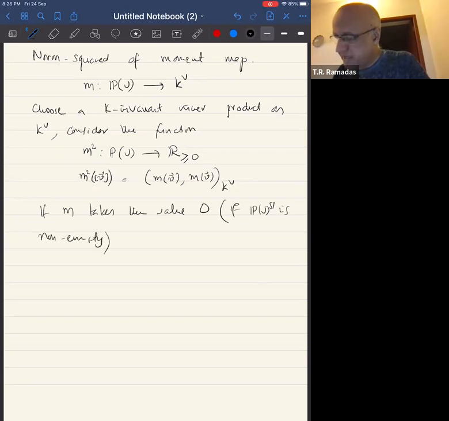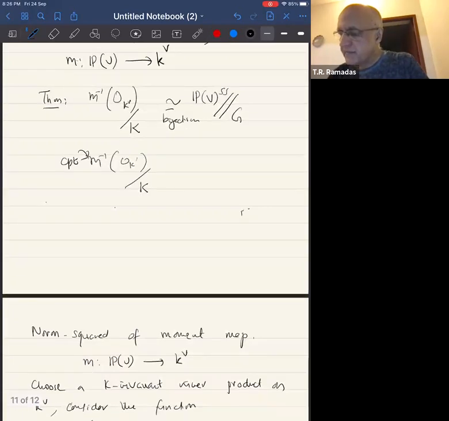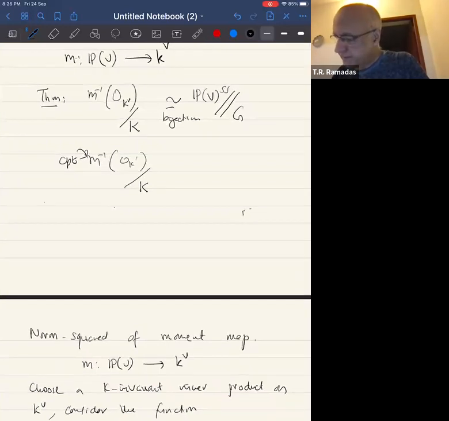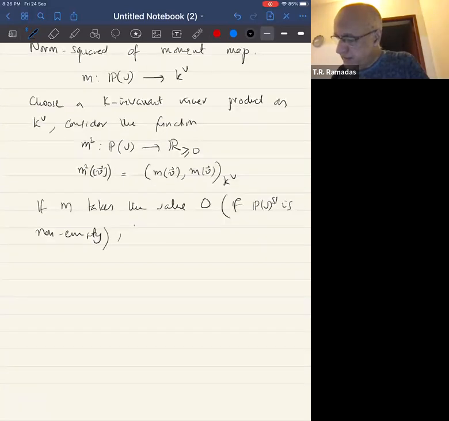Because this theorem tells you that if this is non-empty, the left-hand side must be non-empty, and therefore M must take the value 0. These are the minima of the function M squared.